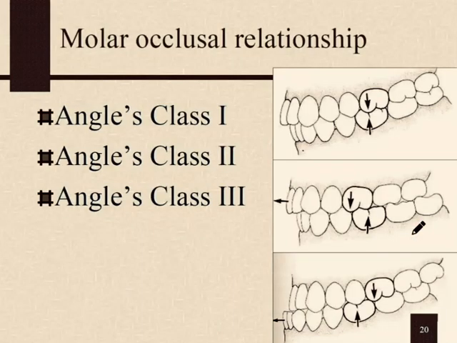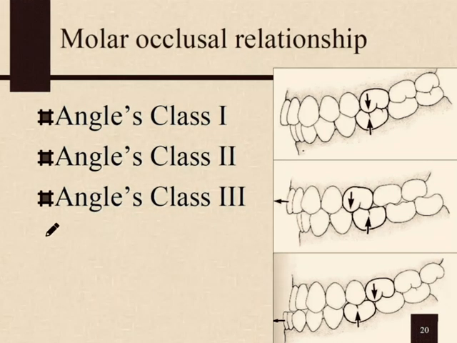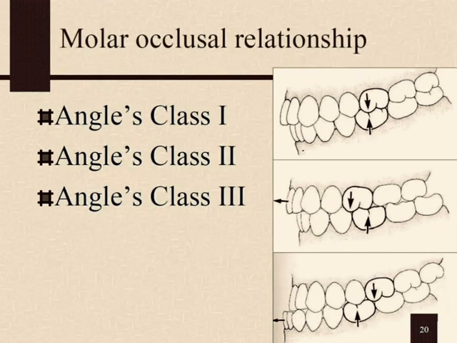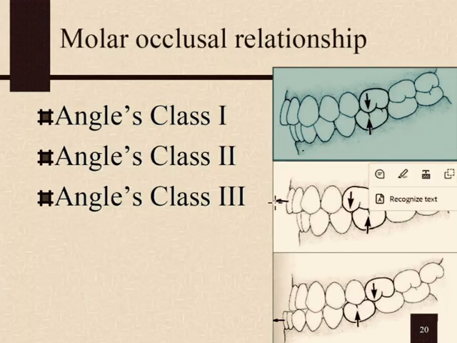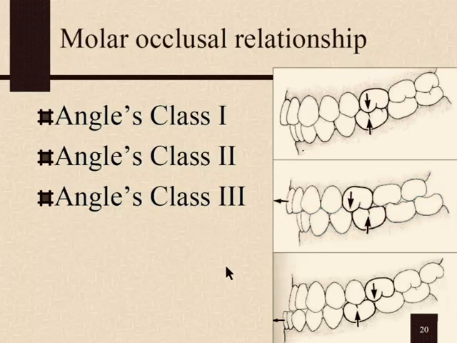Similarly, the molar occlusal relationship, to have finished it, is called in the permanent dentition the Angle's relationship. You'll hear about it a lot. Either it is a class 1, class 2, or class 3. Now let's focus on how the molar occlusal relationship is.